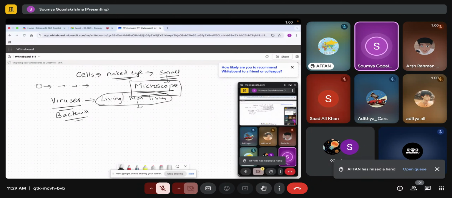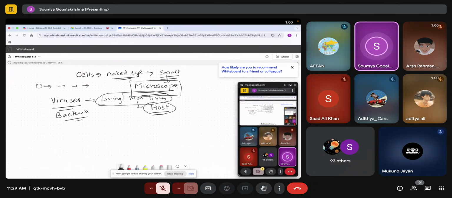These organisms need a host to divide. If they want to produce copies of themselves for their survival, they need a host cell. Let us say this is a host cell.